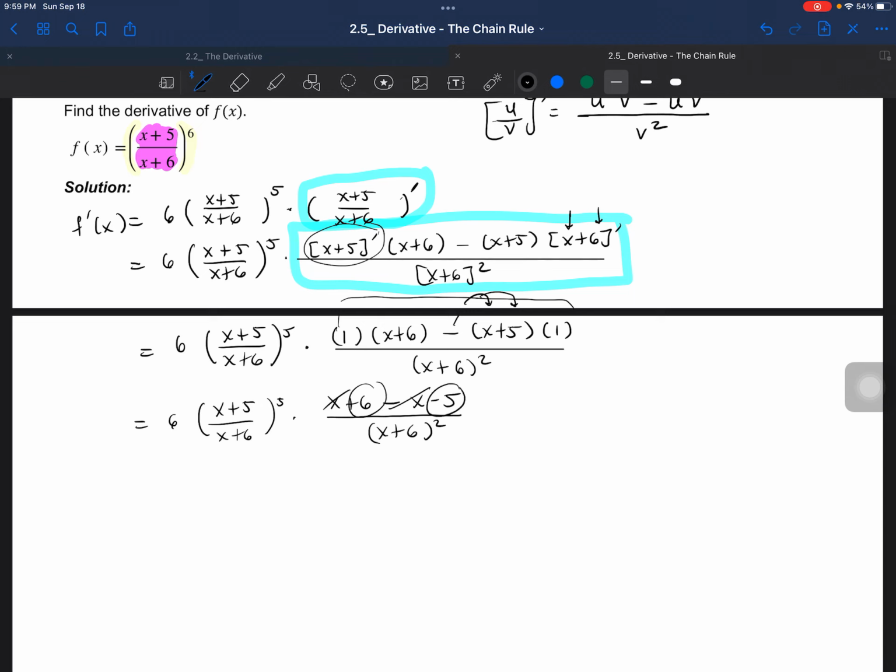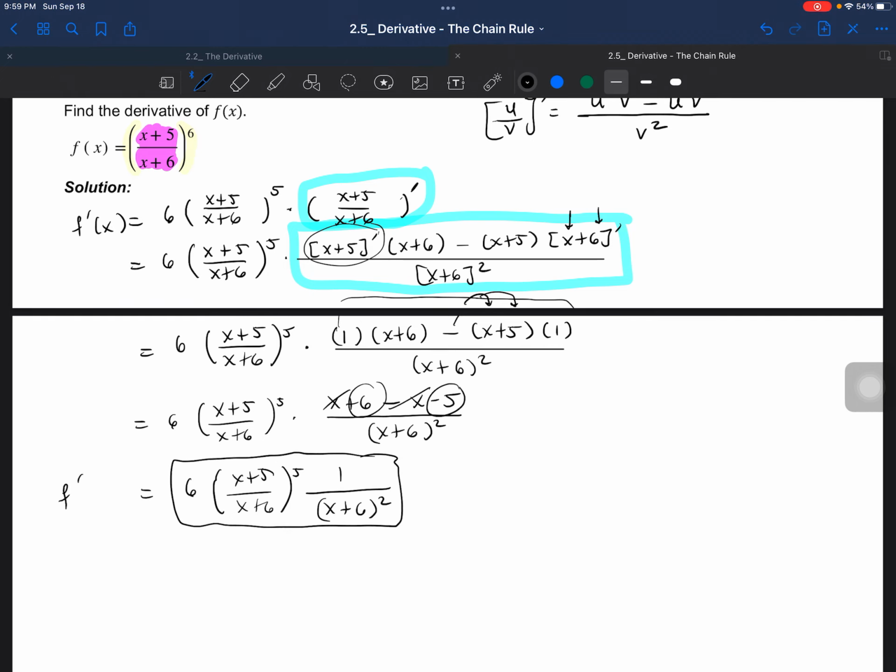So you have 6 and minus 5 gives you 1. And there you go, we completed that part. And that is the derivative of the function.